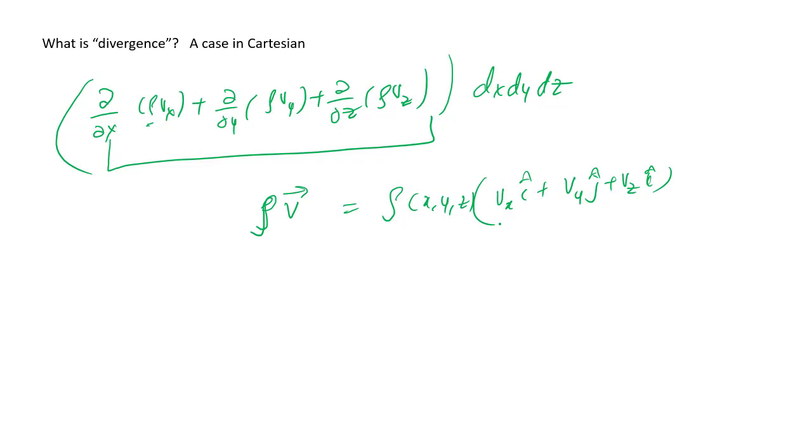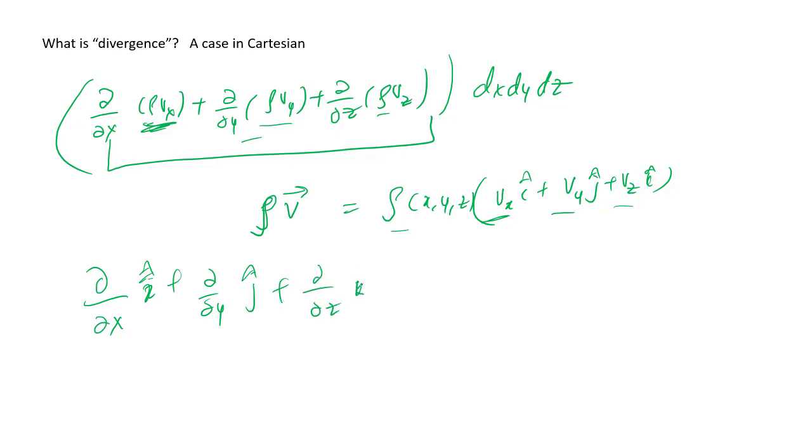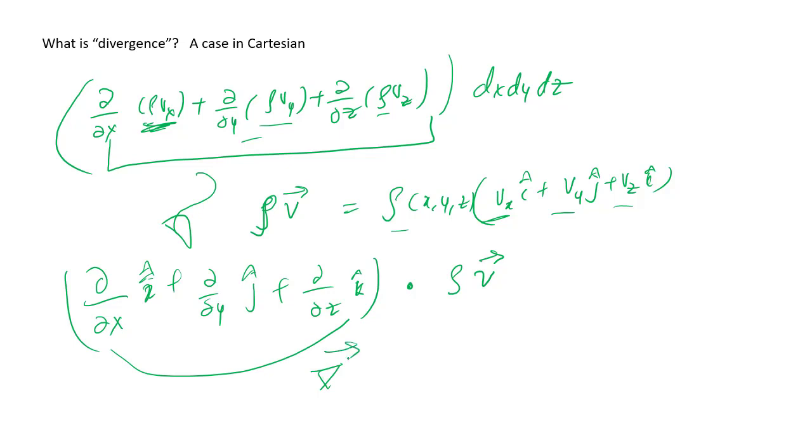The i component is rho vx, the j component is rho vy, the k component is rho vz. So you can see that this is nothing but dou by dou x along i plus dou by dou y along j plus dou by dou z along k, this operator acting on rho v. We know that this is the del, and so this is the divergence of rho v.